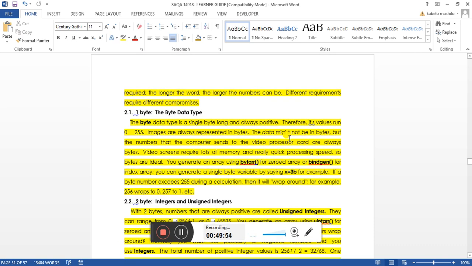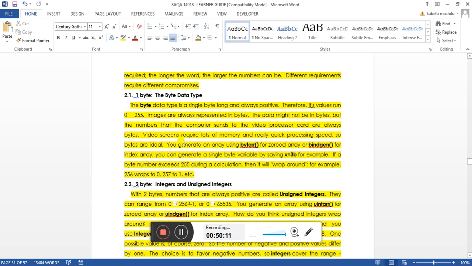The byte data type is a single byte long and always positive. Therefore its values run from 0 to 255. Images are always represented in bytes. The data might not be in bytes, but the numbers that the computer sends to the video processor card are always bytes.